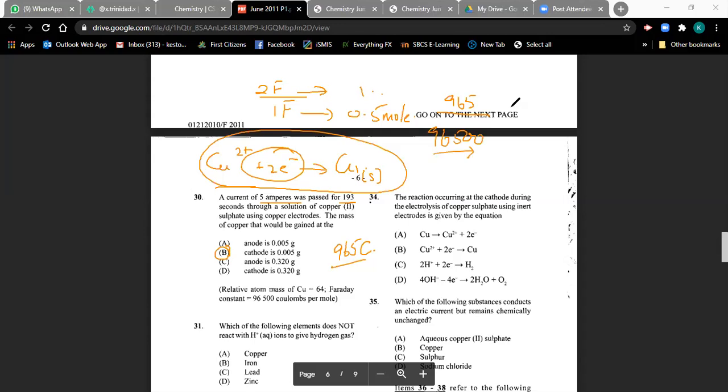So 965 divided by 96,500 multiplied by 0.5, right? Because 1 Faraday gives me this. So this amount of Faraday by 0.5 will tell me how much. If I tell you 1 apple is $2, how much for 95 apples? You'll multiply 95 by 2. So it's the same thing. 1 Faraday is 0.5 moles. So this amount of Faraday by 0.5 is going to tell me the amount that's going to be deposited.